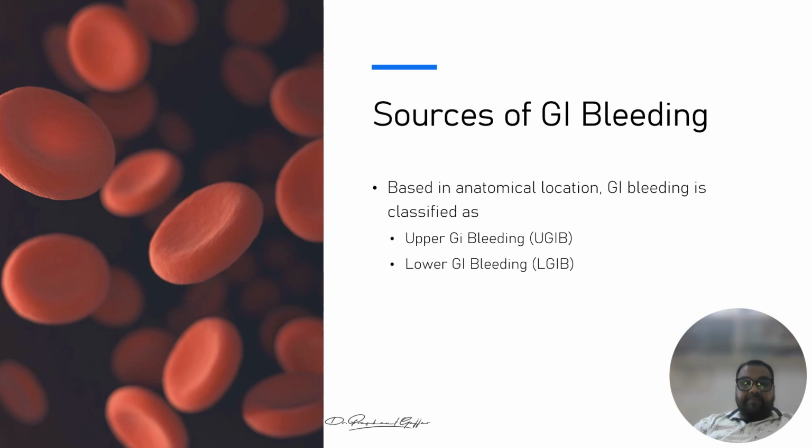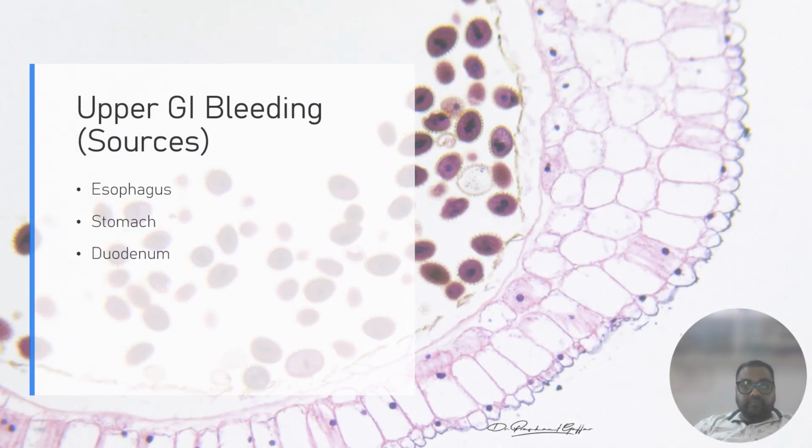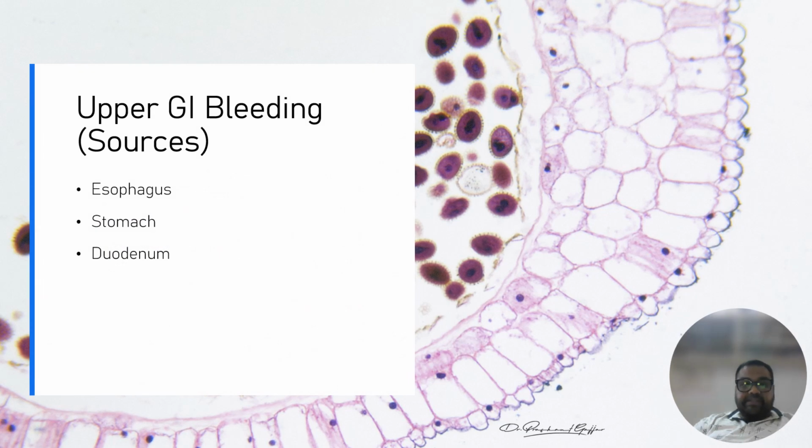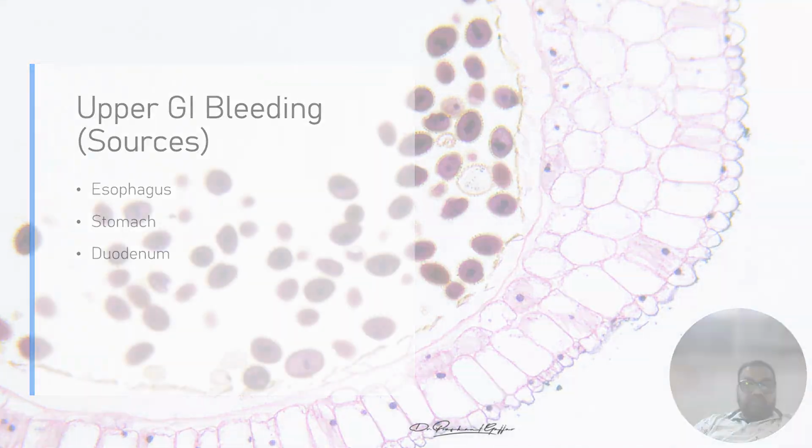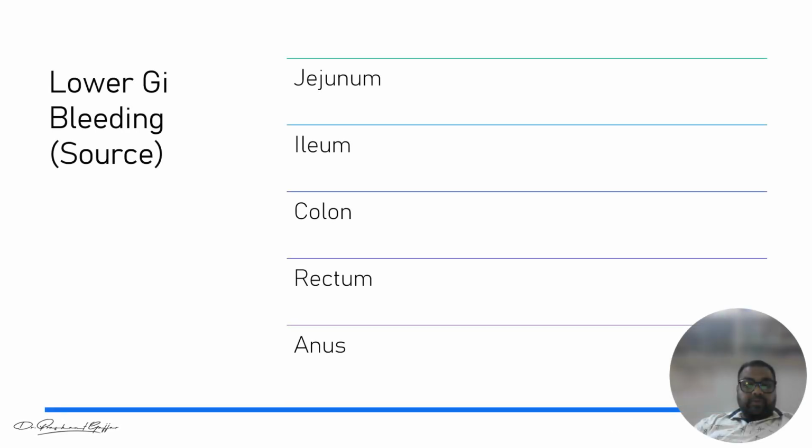In upper GI bleeding, sources are the esophagus, stomach, and up to the duodenum, right? And in lower GI bleeding, sources are the jejunum, ileum, colon, rectum, and anus.